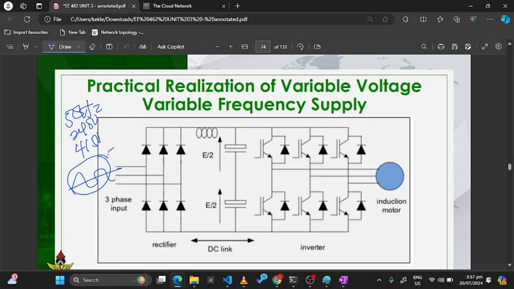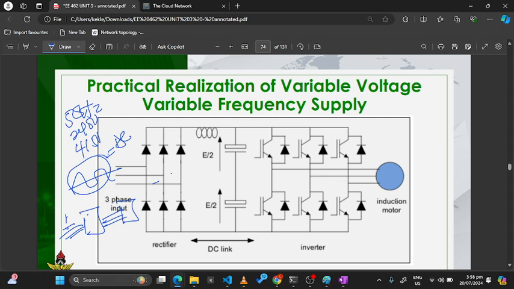So now they have DC. It's like you have a rectifier connected to an inverter. So you feed the rectifier with the AC. Then the question is, I have AC and I still want to supply AC to my machine. Why do I have to rectify it? Yes, because you want what?